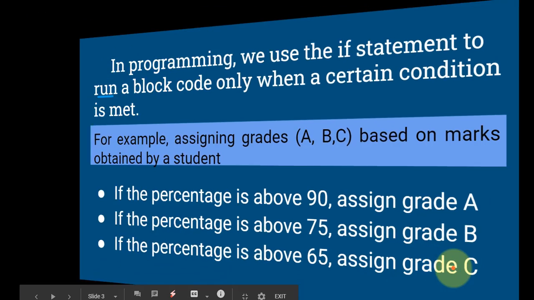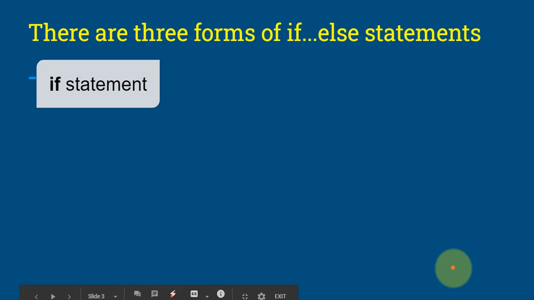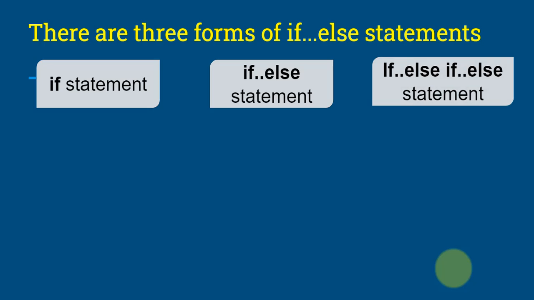There are three forms of if-else statement. Number one, the if statement. Second, the if-else statement. And third, the if, else if, then else statements. These are the three common forms of if-else statements.